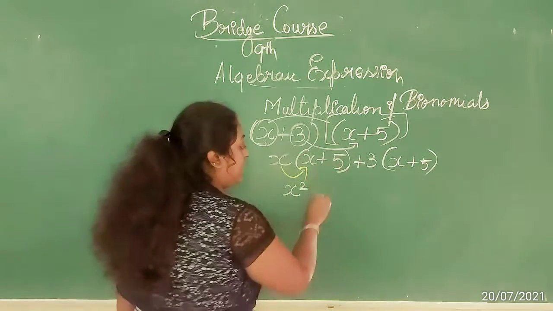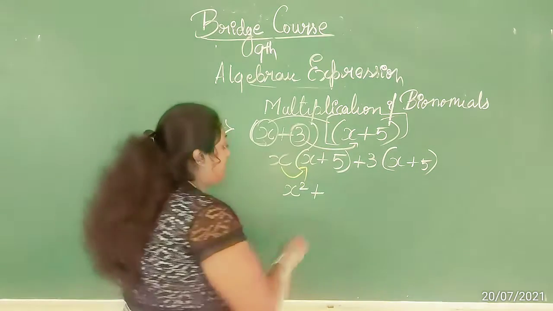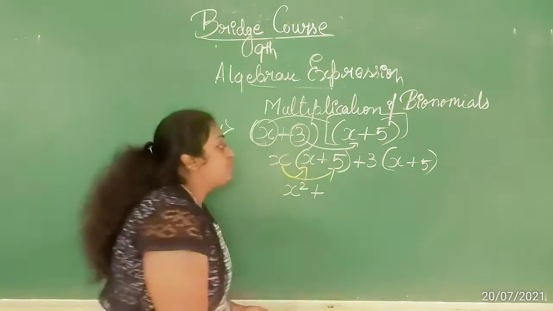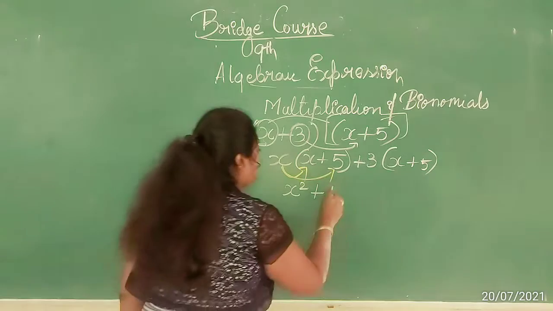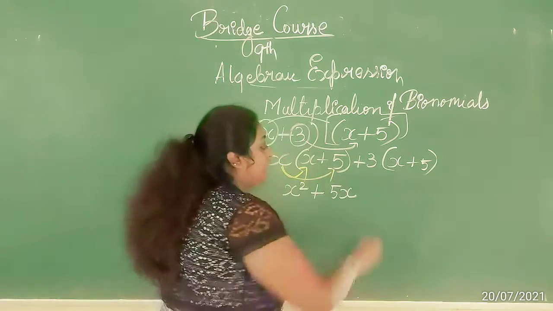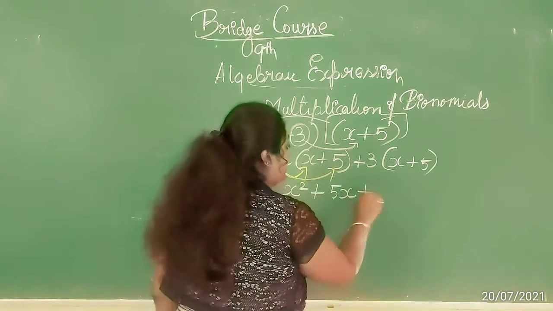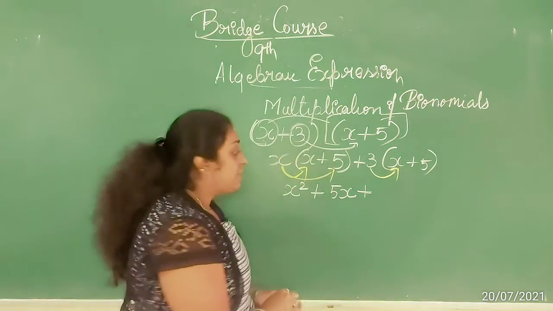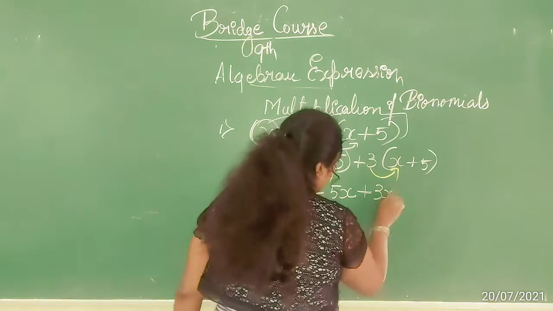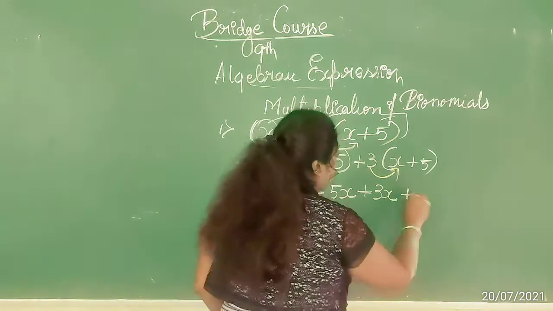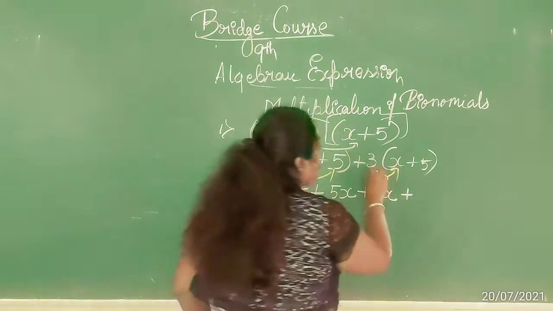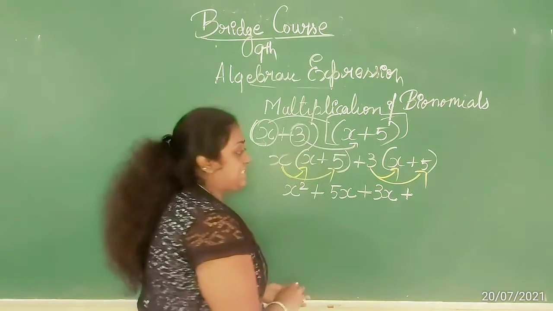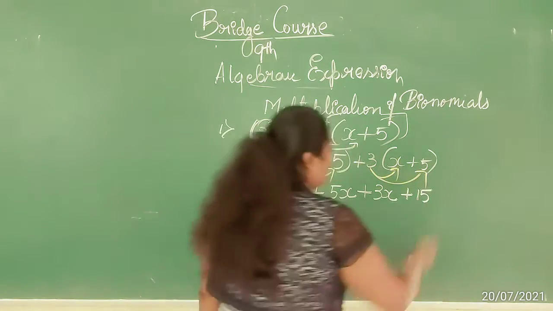Then what is the sign here? Plus. Then x into 5 is what? 5x. Okay. Now next this is plus here. Now 3 into x is what? It is 3x. Next again it is plus sign. So 3 into 5 is what? 3 fives are 15. Got it?